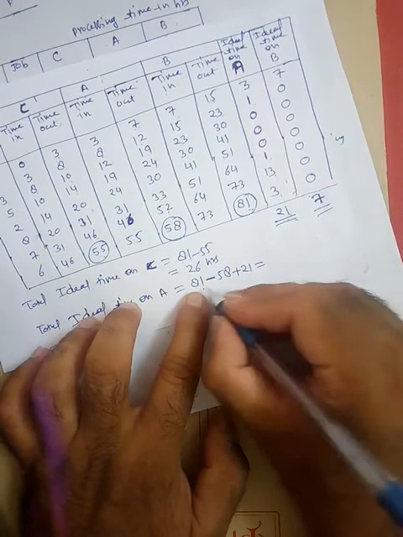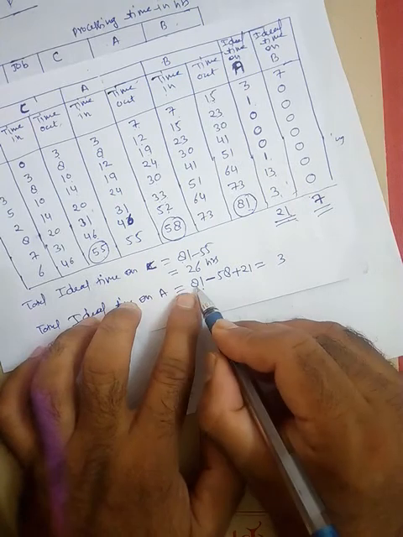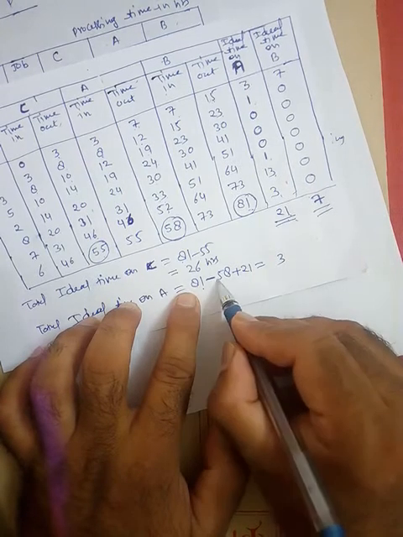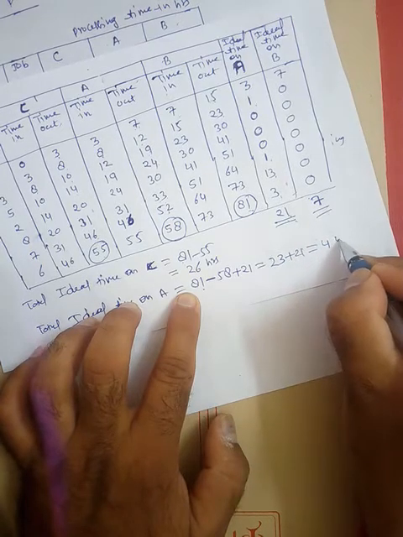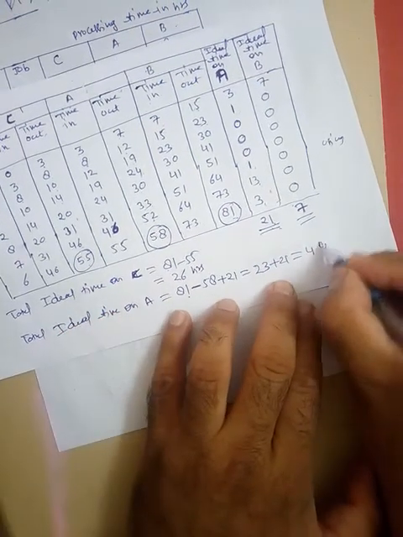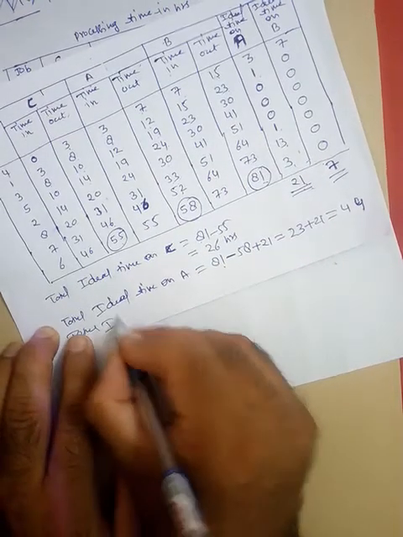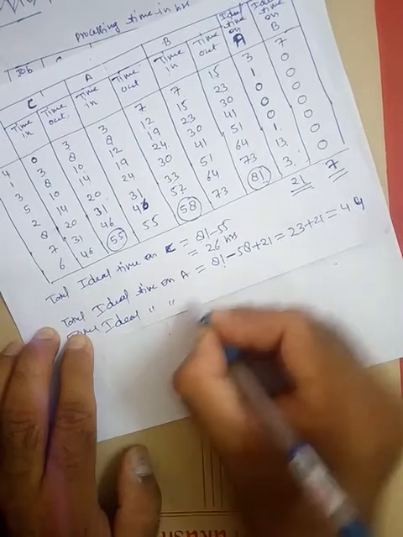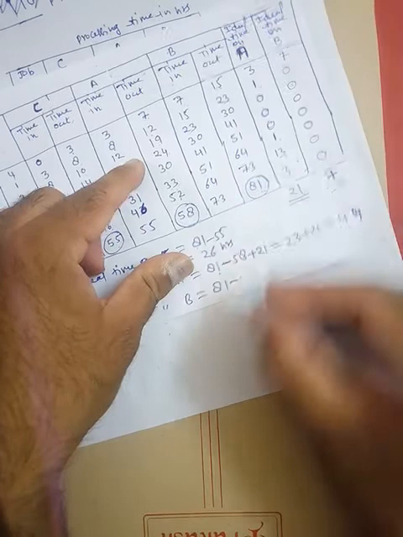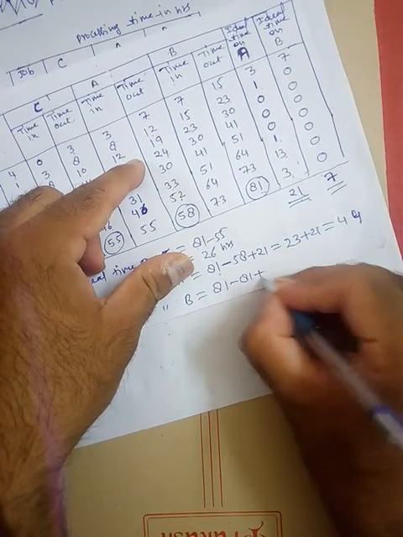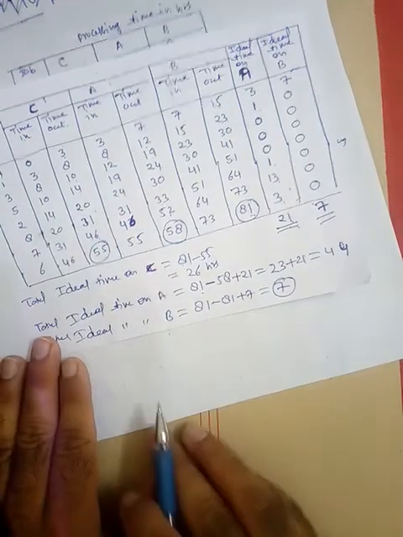So this is equal to 3 plus 23 plus 21, 44 hours. This is 44 hours. Fine. Now the total idle time on B is equal to 81 minus 81 plus 7 hours. 7 hours. So this is the solution procedure.